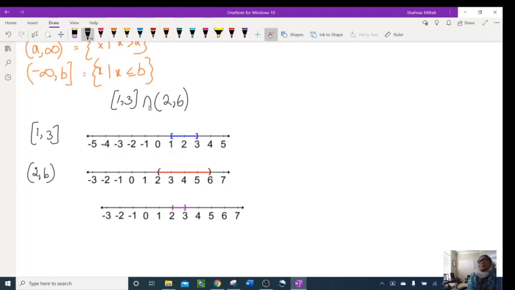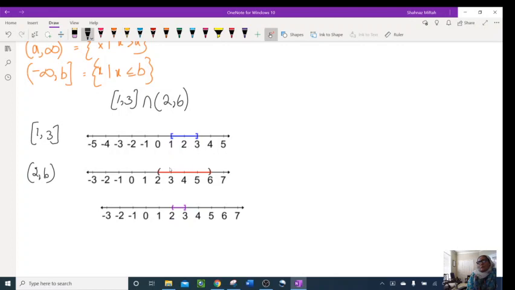What does intersection mean? Intersection means which numbers are common between the 1, 3 set and the 2, 6 set. If you can tell, in this case 2 is included, and this is also 2. So 2 is common, and 3 is common.